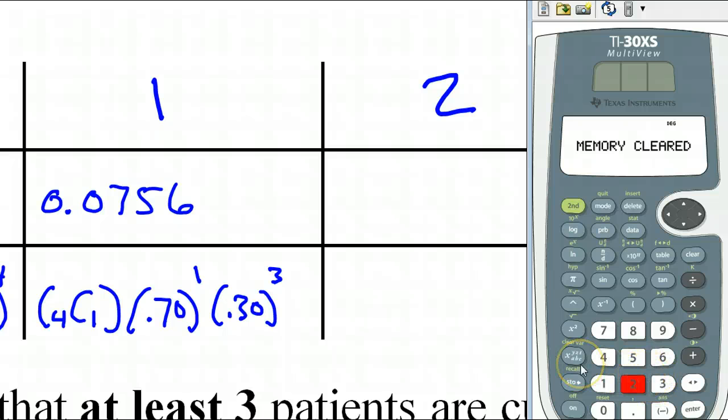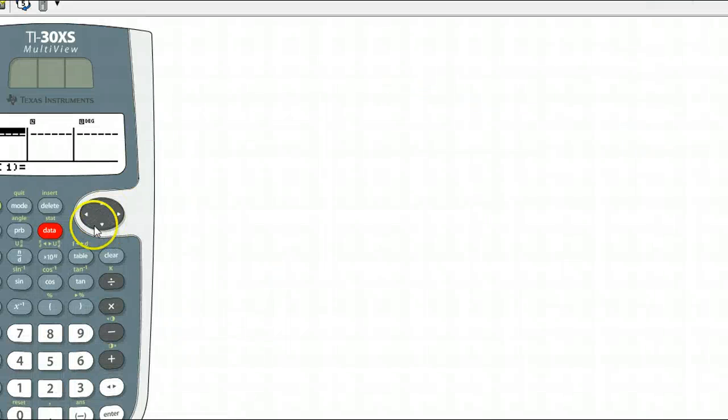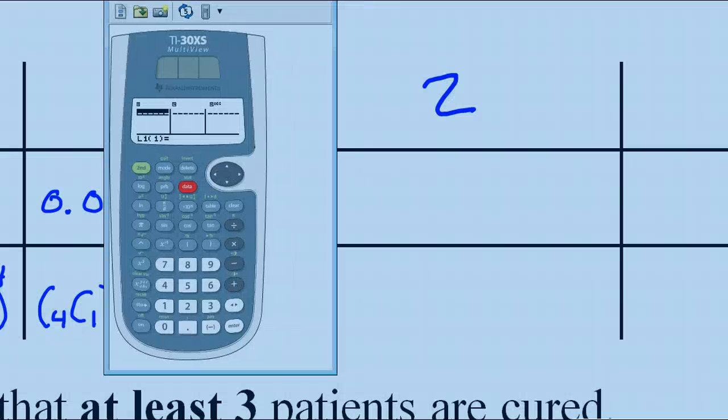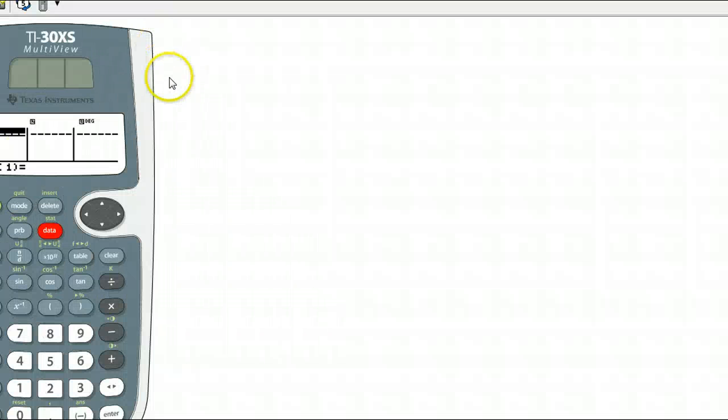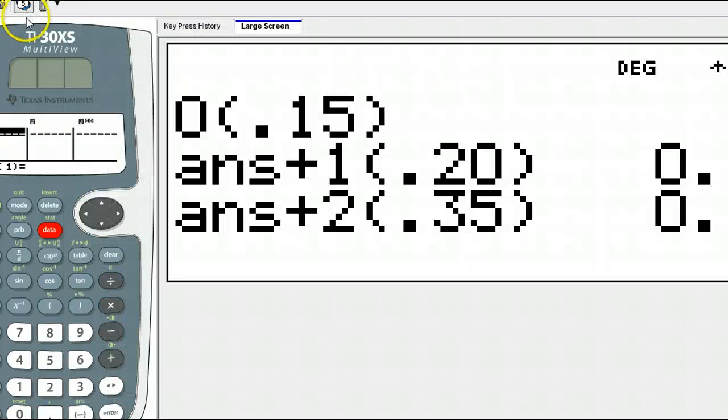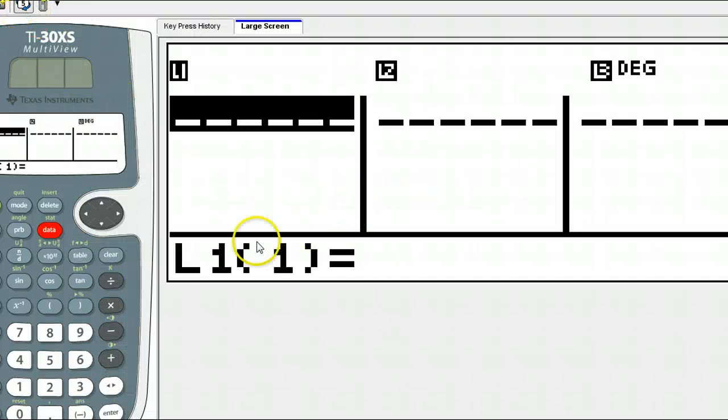If you hit the data button, then we got this right here. Okay, we'll look at this over here.